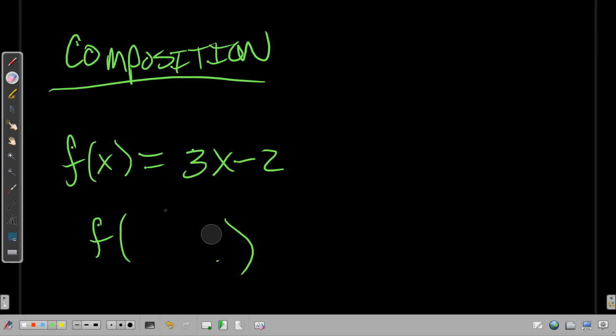Now, there's f ready to accept a value, and the value that you're putting in is this y value that you get from the function when you evaluate it at the x value of 2.